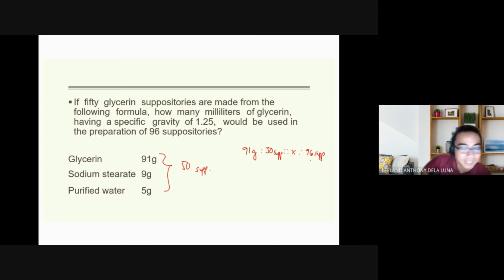So let's make this palatable. Right? So therefore, x would be equal to 96 times 91 divided by 50. That will give me 174.72 grams of glycerin.